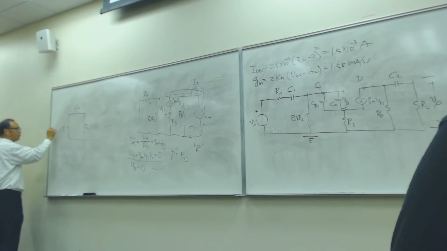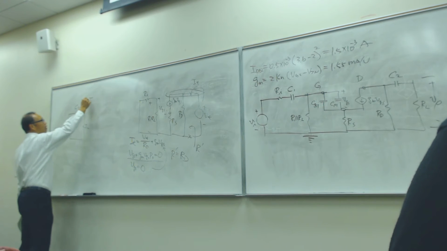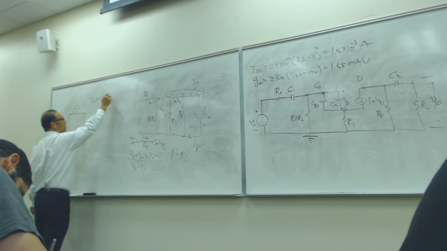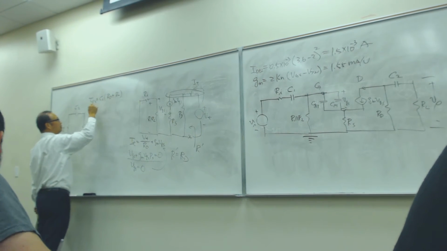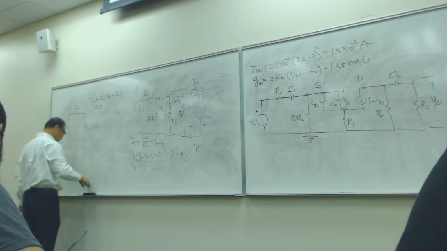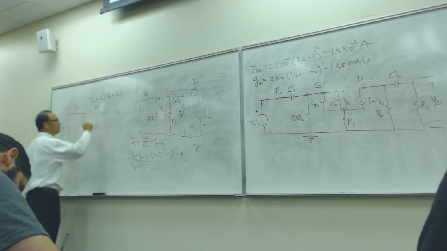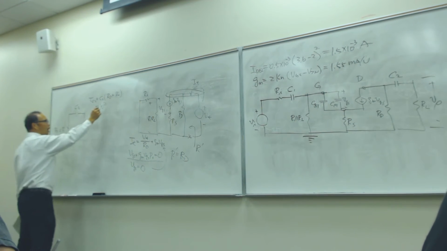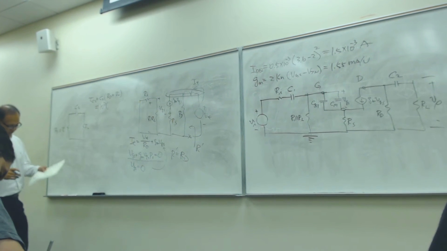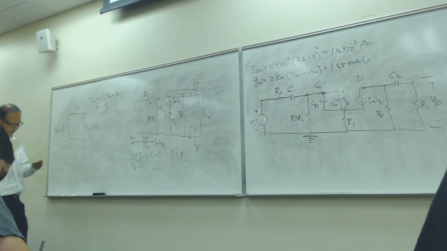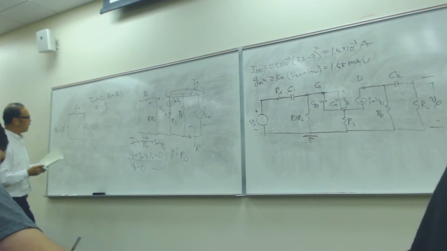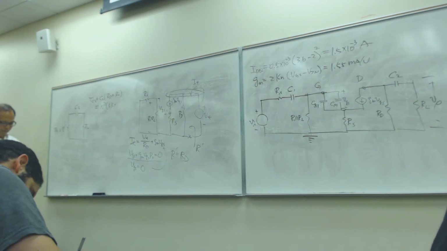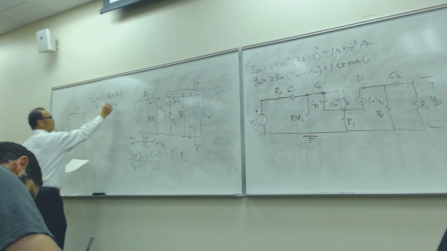With R prime being R sub B. So therefore tau C2 is equal to C2 times R sub B plus R sub L. This is 0.1 microfarad, 10 to the minus 7 farad. R sub B, what was R sub B? 4K plus R sub L 20K, right?